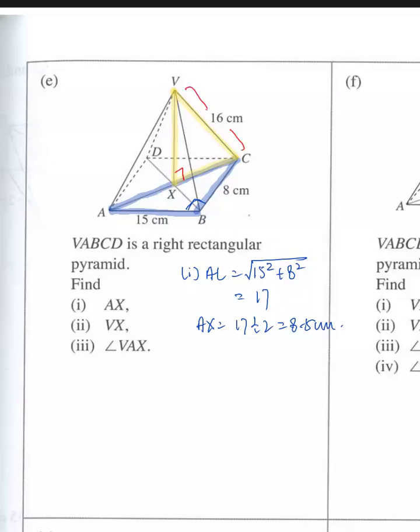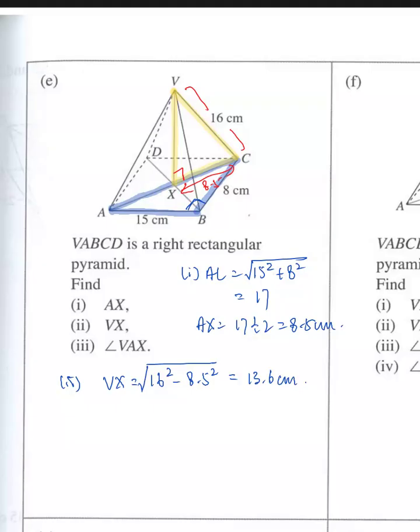I already found out XC is 8.5. So VX, just be careful. VX is not the hypotenuse. So VX is 16 squared minus 8.5 squared, minus because VX is not your hypotenuse. It's one of the lengths. Square root is 13.6.